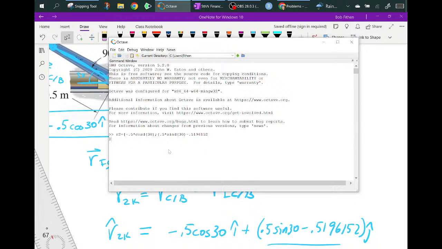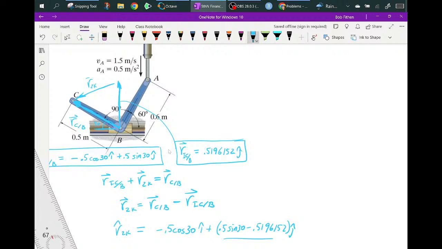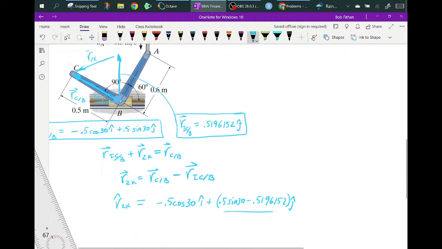Oops, and then I gotta put the bracket. Wait a minute. Okay, so there you go. So the vector points back to the left and down. Let's see, back to the left and down. So that seems pretty reasonable.